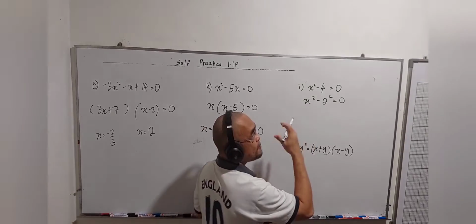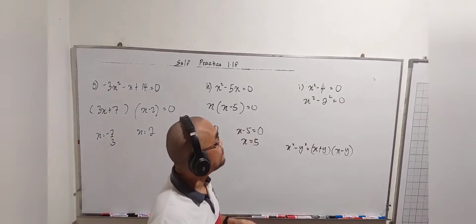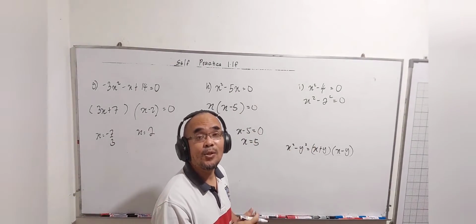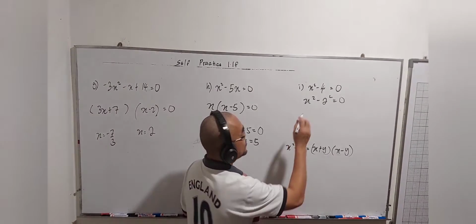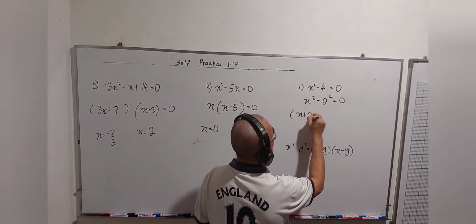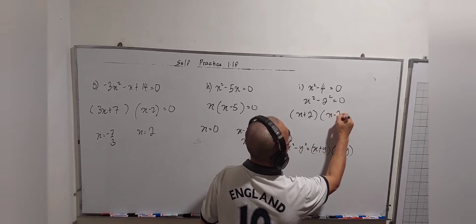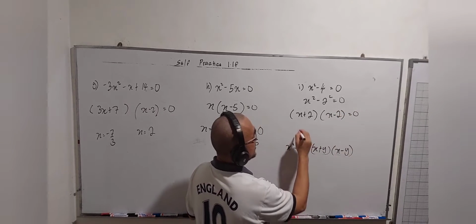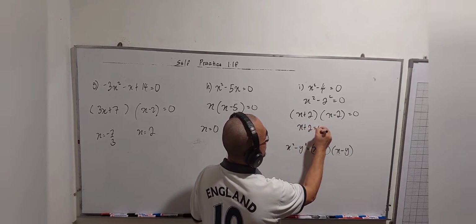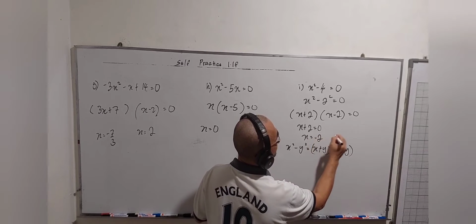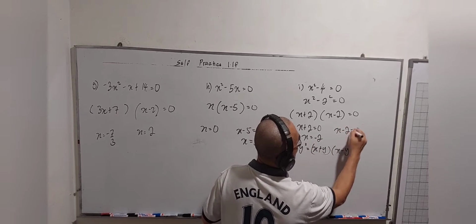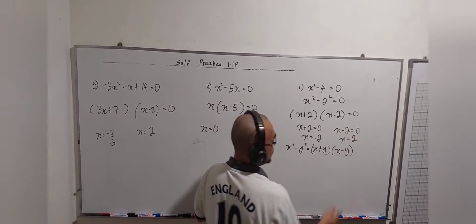Examples of perfect squares are 4, 9, 16, 25 and so on. So this one will be x plus 2 and x minus 2 equal to 0. So x plus 2 equal to 0, x is negative 2; x minus 2 equal to 0, x is 2.